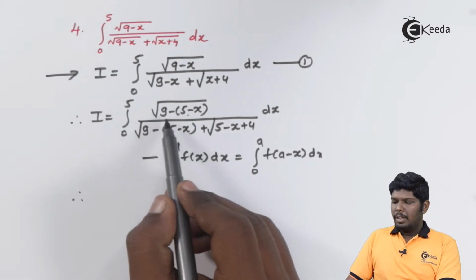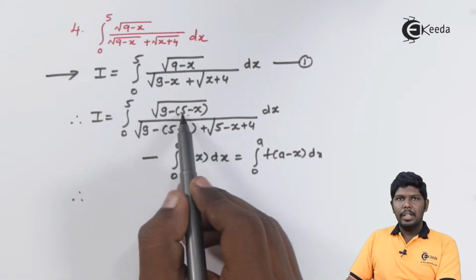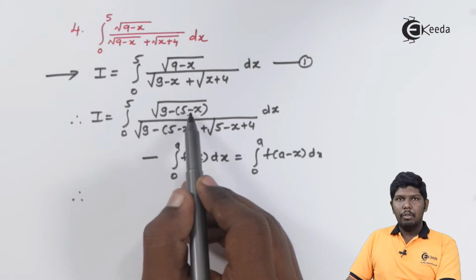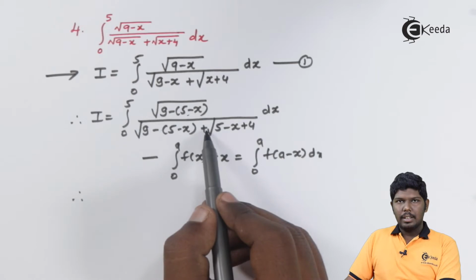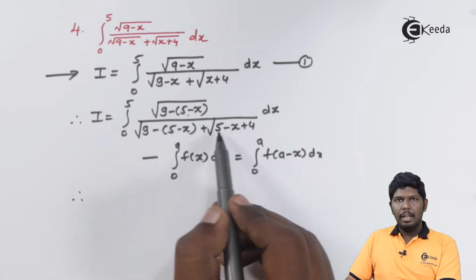In the next step we have under root of 9 minus 5, that is 4, minus of minus will give you plus x. Similarly we have 4 plus x here also, plus we have 5 plus 4, that is 9, minus x.